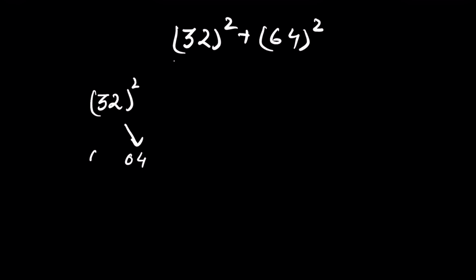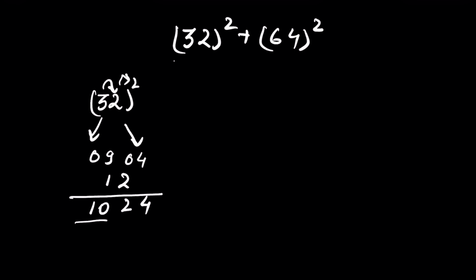Square of 3 is 09. Now multiply these two digits. 3 times 2 is 6 and then multiply it by 2. 6 times 2 is 12. Leave one space and write 12 and add the numbers. 4, 2, 9 plus 1, 10. So square of 32 is 1024.